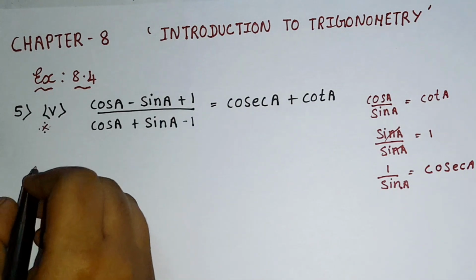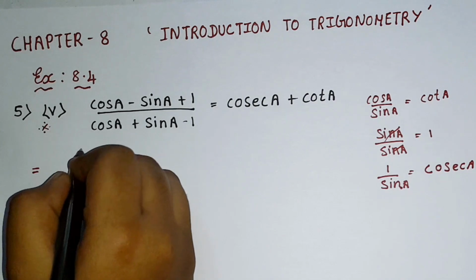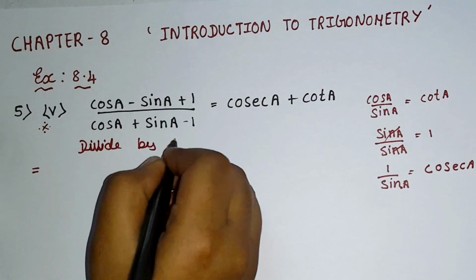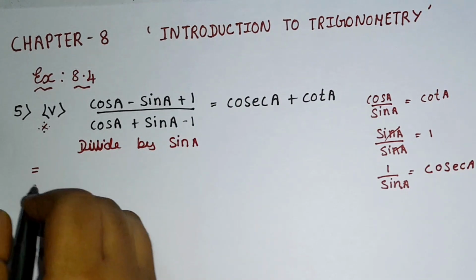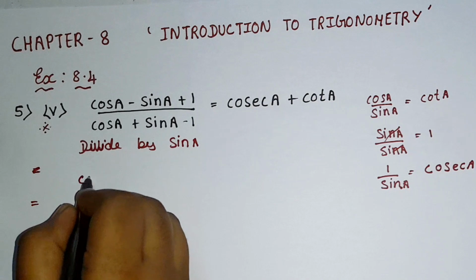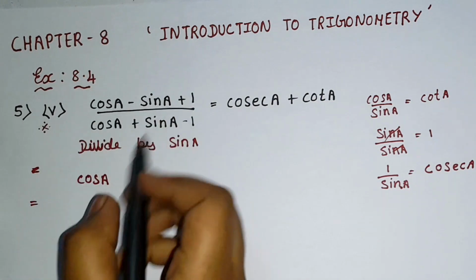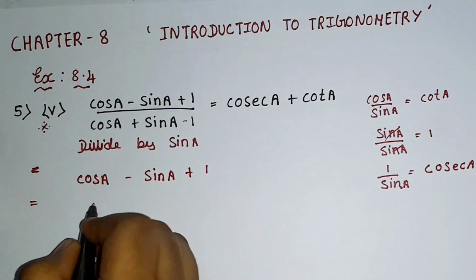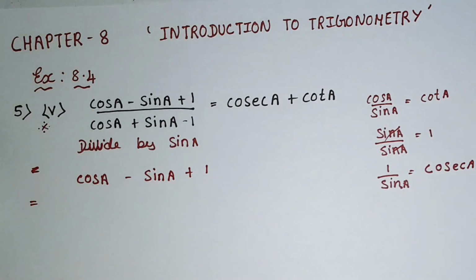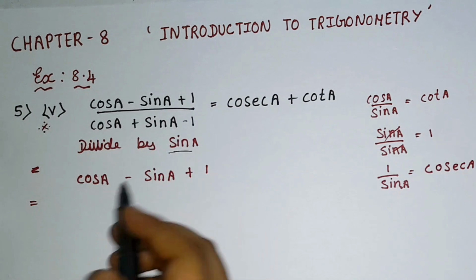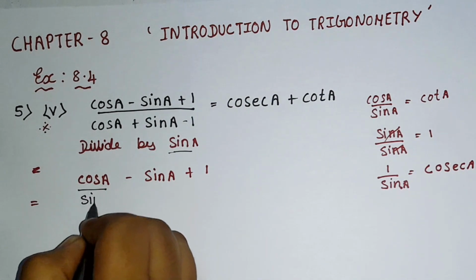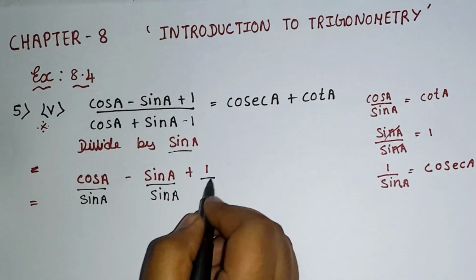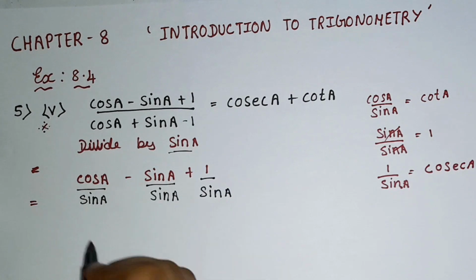So let us write: is equal to, cos A minus sin A plus 1, all divided by sin A. Why did I do it like this?